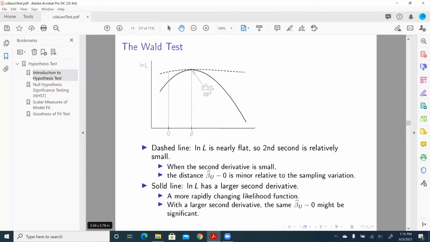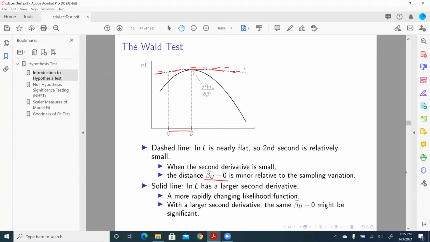Here we have dashed lines. For the dashed line, the log likelihood is nearly flat, so the second derivative is relatively small, the curvature is smaller, and we have a large variance. The distance is minor relative to the sample variation. So for the same distance here, with this log likelihood curve, the variance is greater and the distance is small.